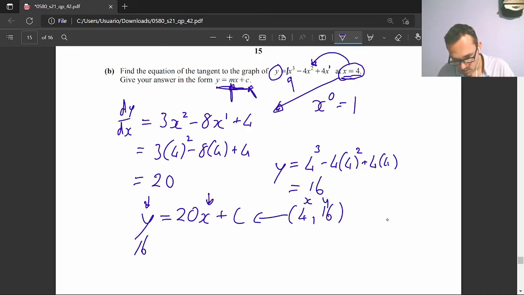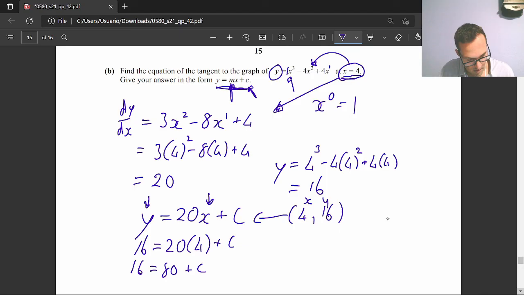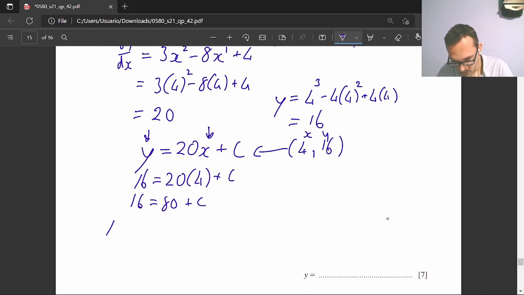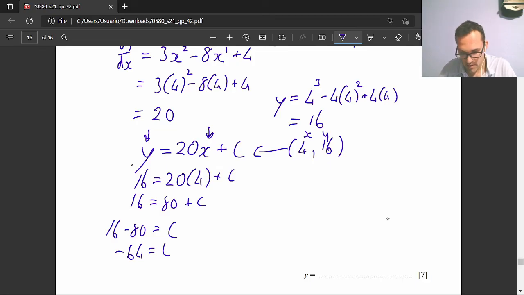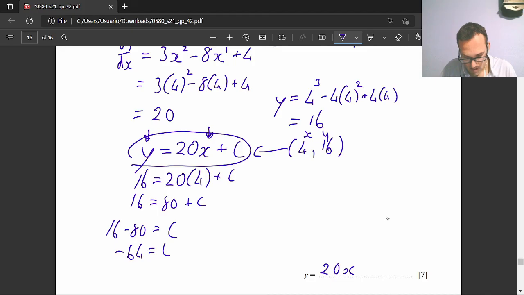So when y is 16, x is 4, that gives me 16 equals 20 times 4, which is 80. All I need to do now is subtract the 80 from 16. And what is that? Yes, that looks good. Minus 64. So here we go, there is our equation. y equals 20x, and the y-intercept, the c value, is negative 64. And you've done it.